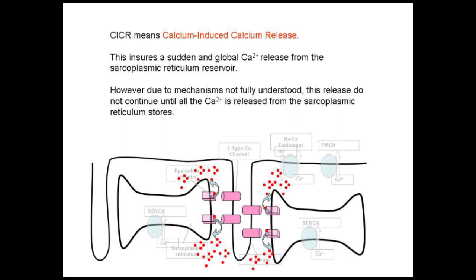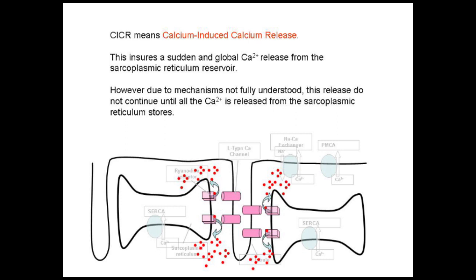Calcium release has to be terminated in order for relaxation to start. But as there is a positive feedback mechanism in place, you would expect that the endpoint of this process is the release of all the stored calcium into the cytoplasm.